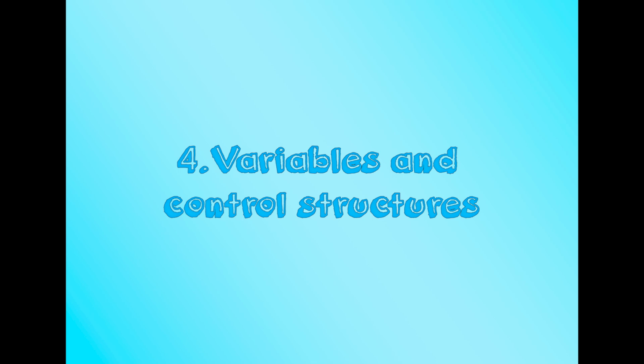Variables and control structures. In MySQL, you can use different types of variables: local variables and global variables. Local variables you can define using the reserved word declare, and control structures are a group of reserved words that the system uses for some actions in the code.